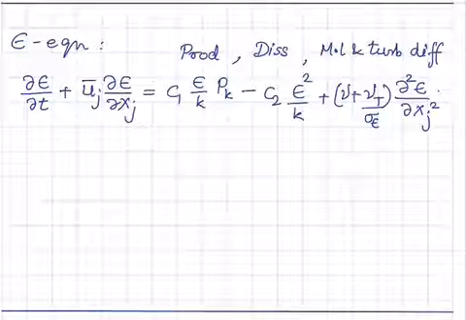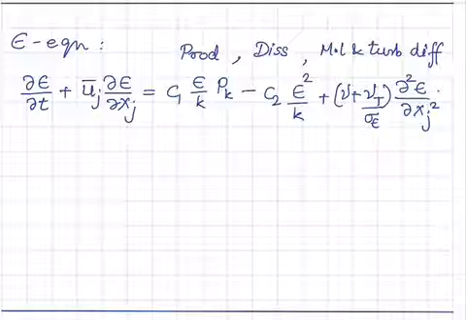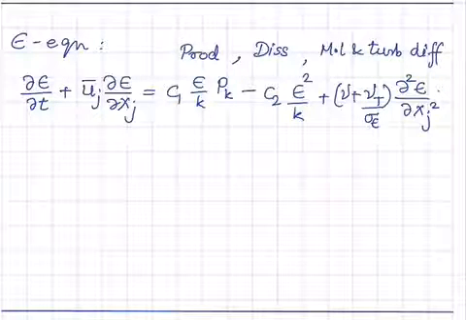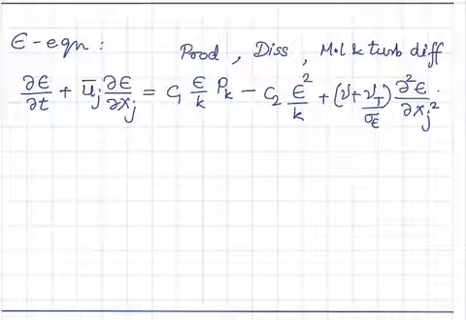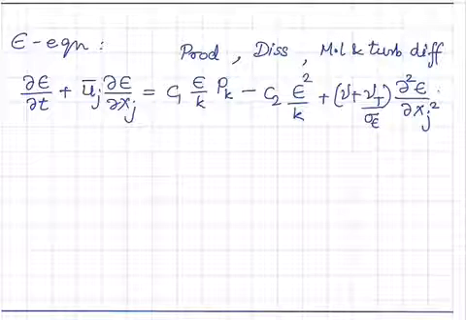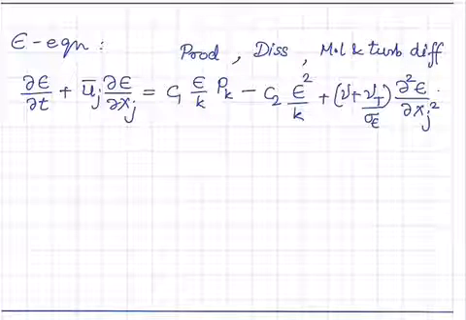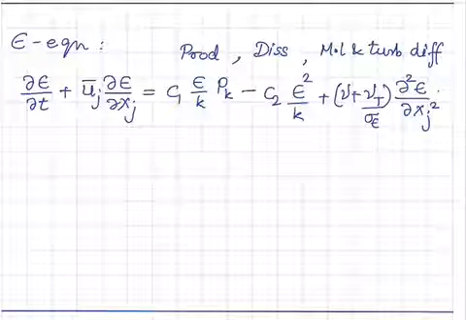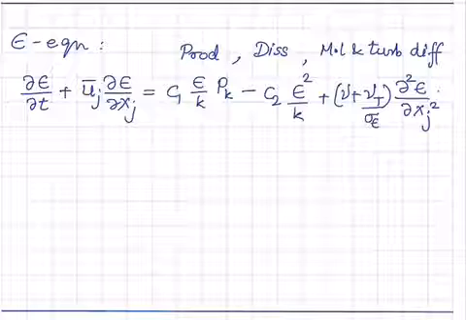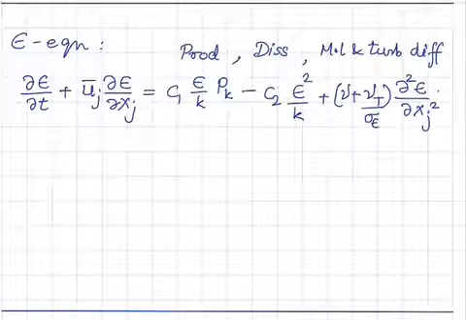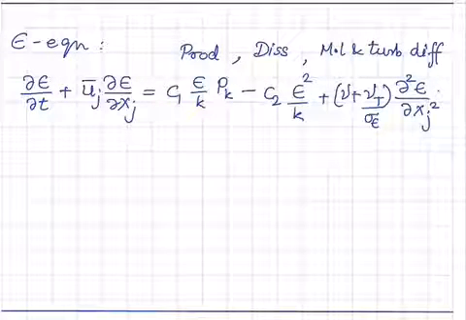Now, the important thing to note is that although the equation is not perfectly exact, it seems to work reasonably well. And it allows us to compute epsilon as a function of different locations in the flow in a CFD scenario, given the values of C1, C2, sigma, and all these other constants that have been thrown in.